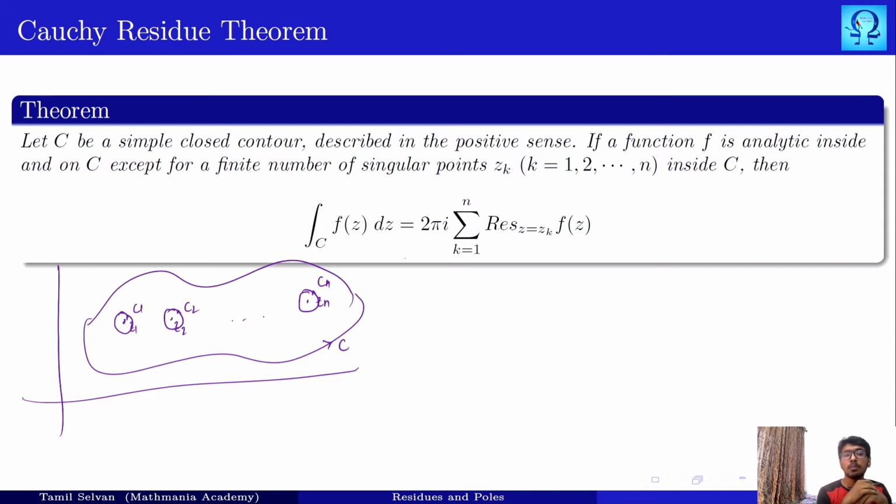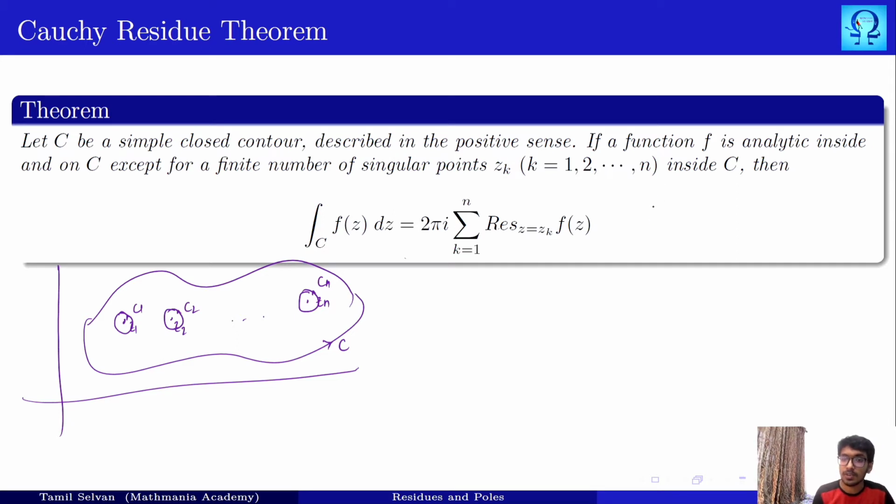Let C be any simple closed contour described in the positive sense. If a function is analytic inside and on the contour C except for a finite number of singular points, which we have taken as z1 to zn, then the integral over C of f(z) dz is 2 pi i times the sum of the residues of f(z) at each of these points.